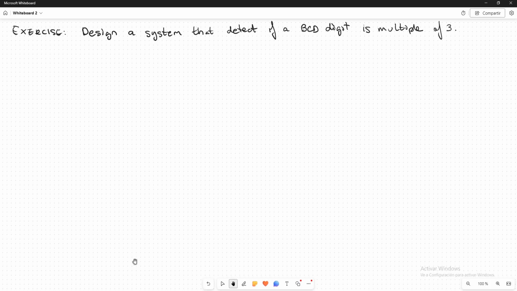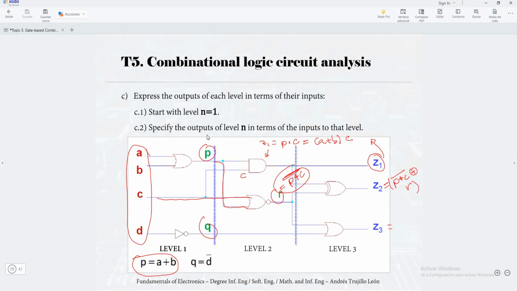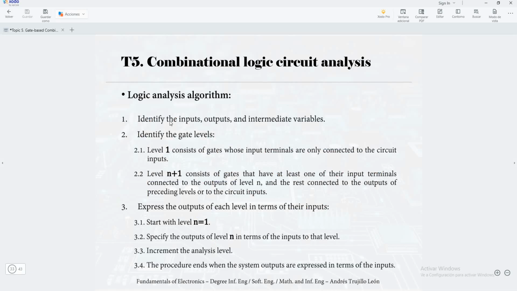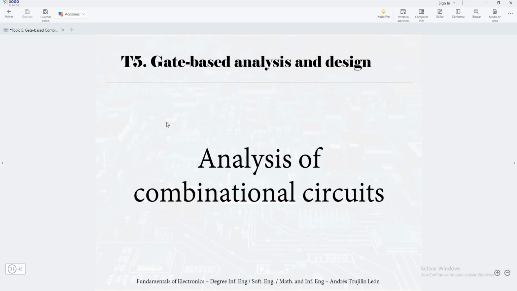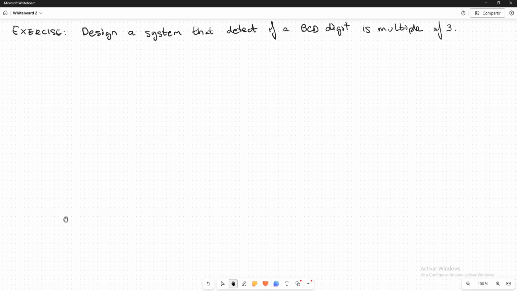So the first step, remember the algorithm of the logic design. Analyze and understand the problem definition. Identify the inputs and the output variables. So, what are the inputs and the output variables? We are going to think.